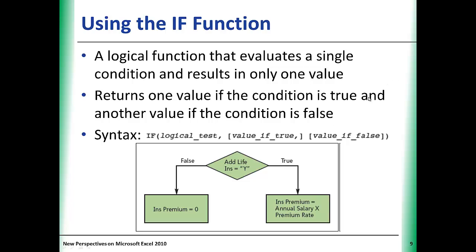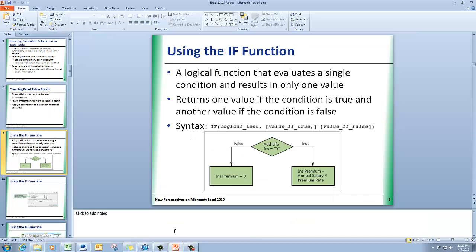If that is true, you're going to take the annual salary times the premium rate to determine that person's insurance premium. If it's false, the insurance premium is then 0 because they have not enrolled in the insurance program. So let's go ahead and go over to the worksheet.